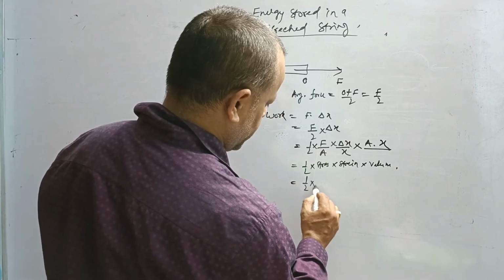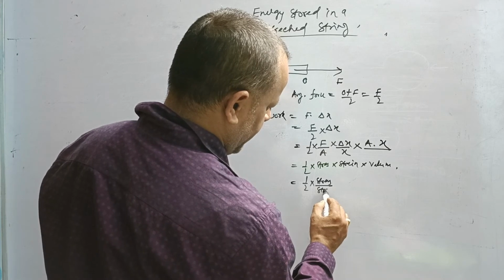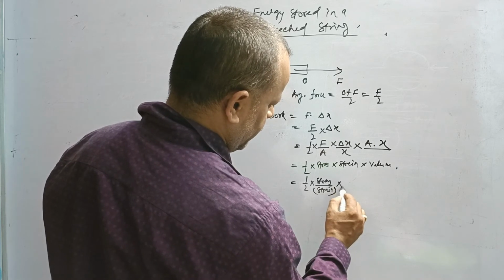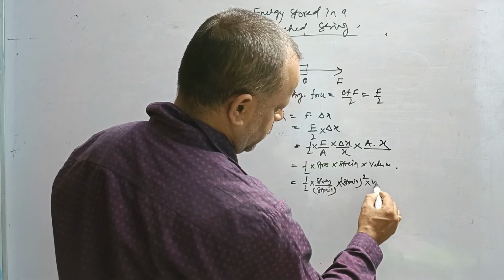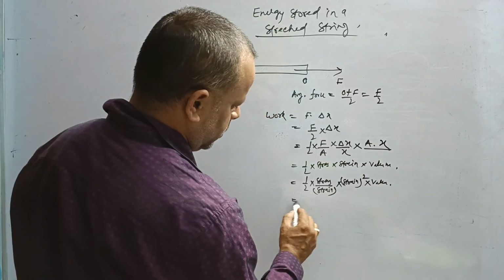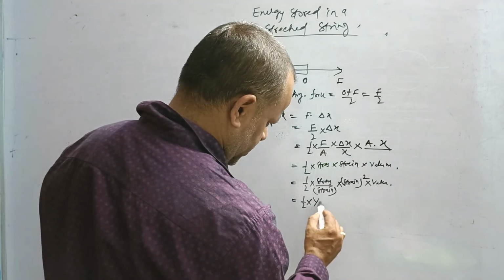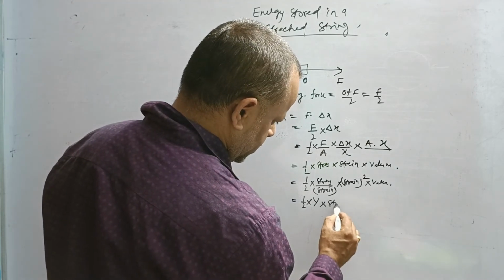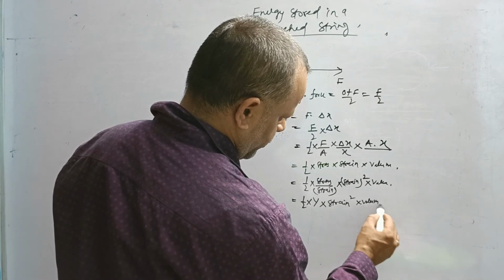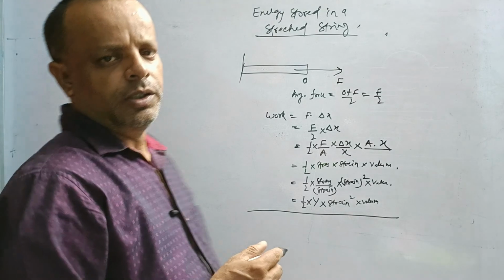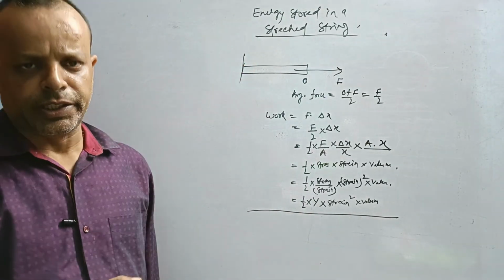We can further divide by strain and multiply by strain, so it becomes strain square into volume. Stress upon strain is Young's modulus. So we get the total energy stored in the stretched string as half Young's modulus into strain square into volume.